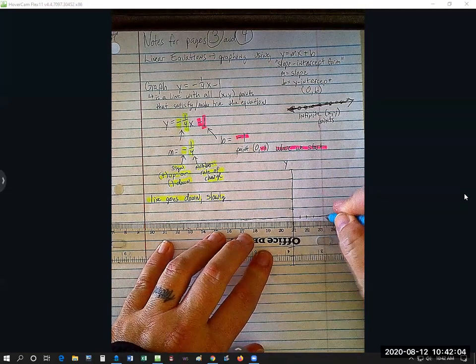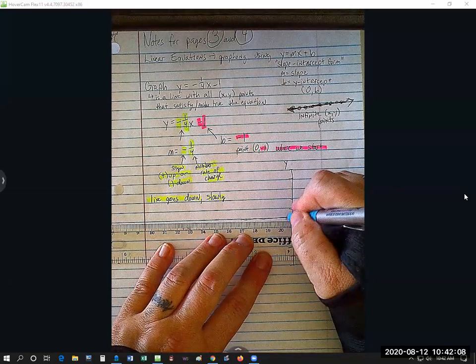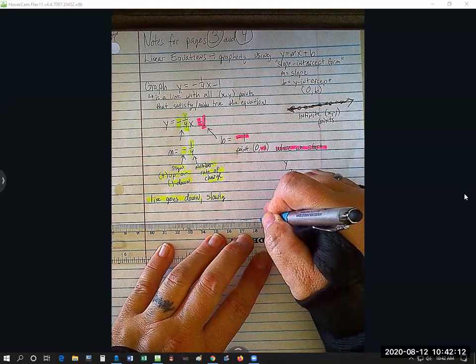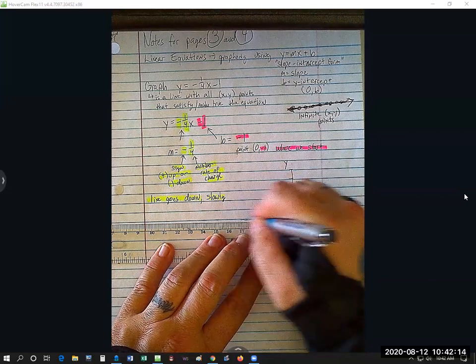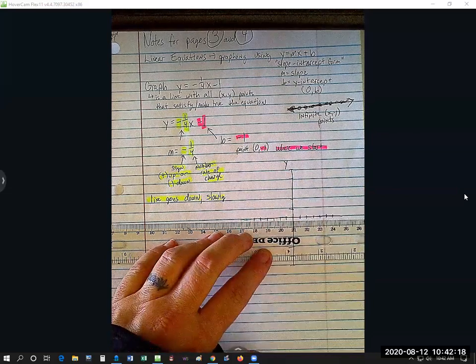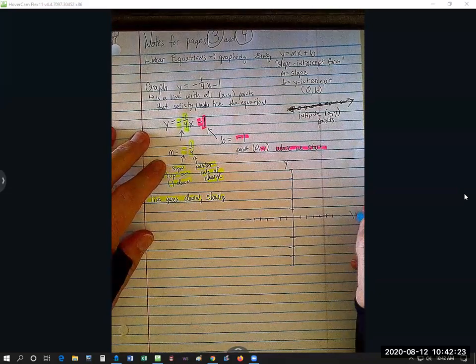And I'm using my ruler every 1/2 centimeter and putting a mark. It doesn't matter if these aren't perfectly the same. That really doesn't matter, as long as on the line, they're equally spaced. As long as the line is equally spaced between those marks, you're okay. And there's x.